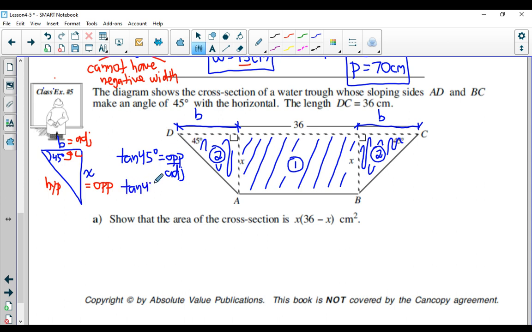So tan of 45 degrees is equal to x divided by b. We're going to solve for b. Now, the way to do this is we can just quickly cross multiply. I'm going to take the b and the tan of 45 and just make them switch spots. So when I do that, I get b is equal to x divided by tan of 45 degrees.